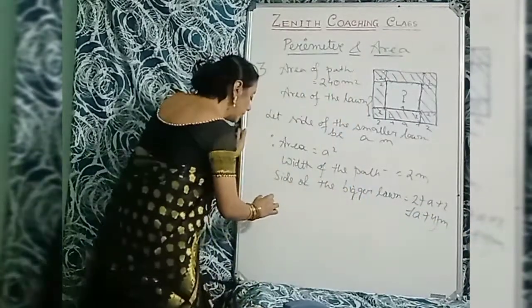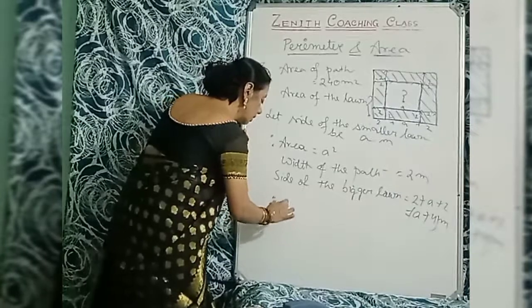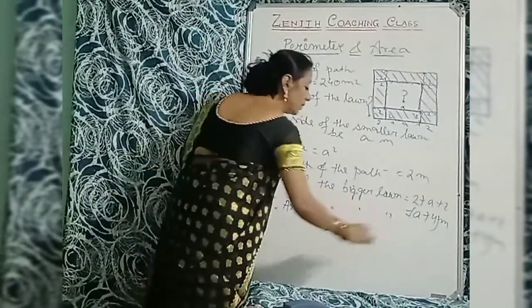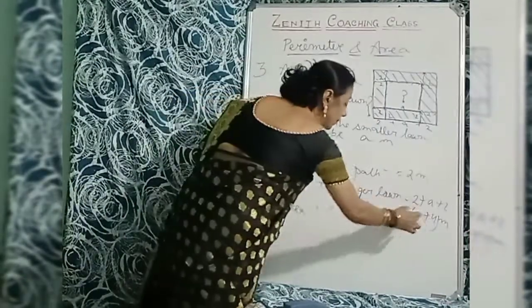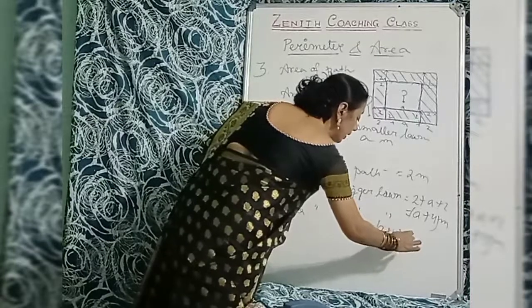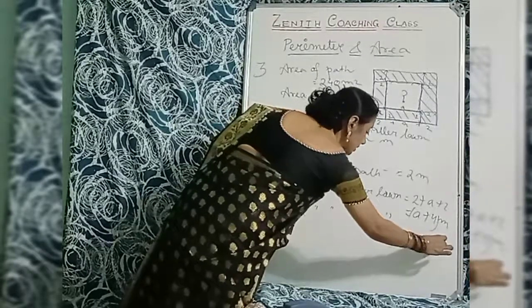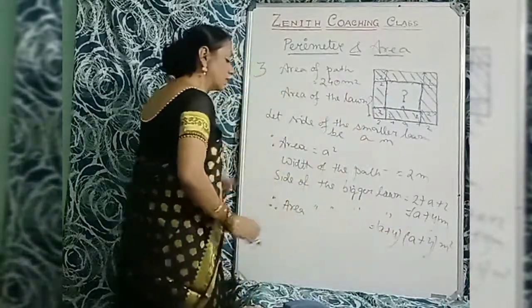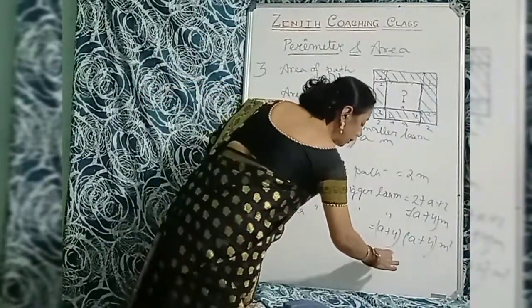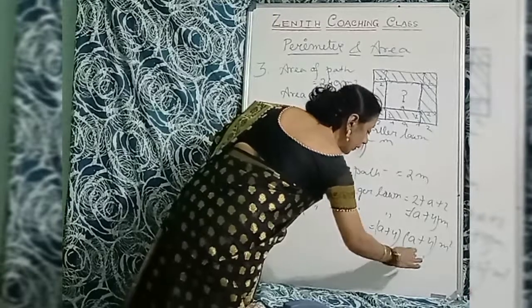So the area of the bigger lawn is side multiplied by side, that is a plus 4 multiplied by a plus 4 meter square, that is a plus 4 whole square.